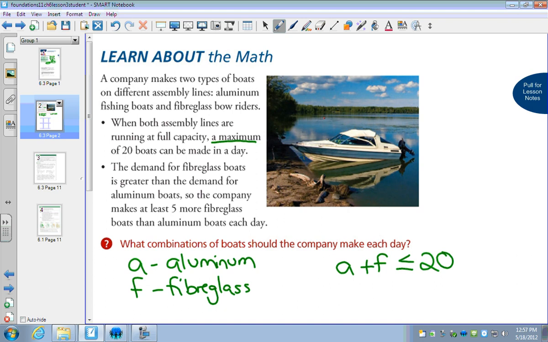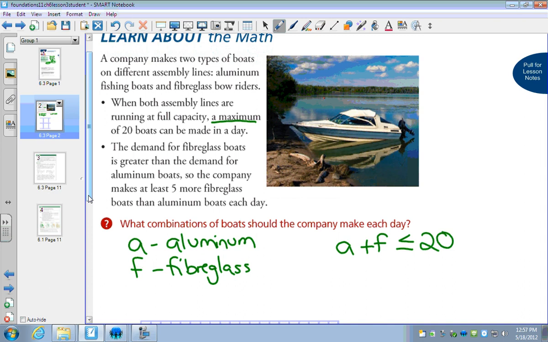The demand for fiberglass boats is greater than the demand of aluminum boats. And the company makes at least 5 more fiberglass boats than aluminum boats each day. This one's a little more difficult, so let's think about it. If I made 10 fiberglass, then I have 5 or less aluminum boats.